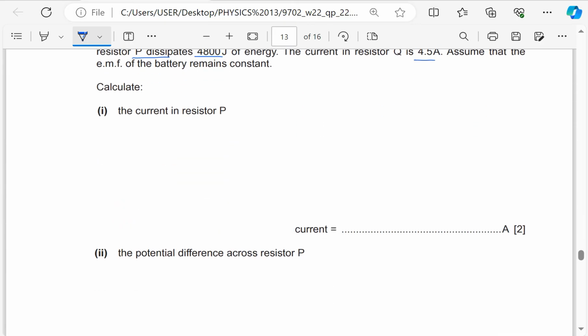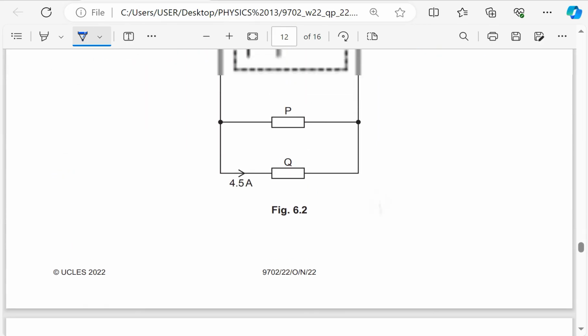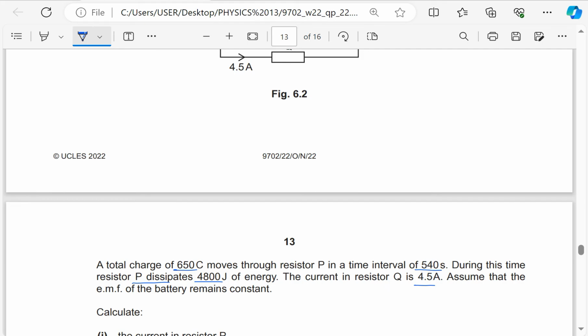Okay, so let's come back here. The current in Q is 4.5.